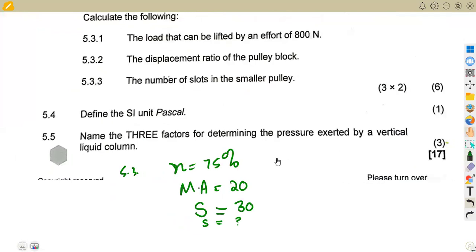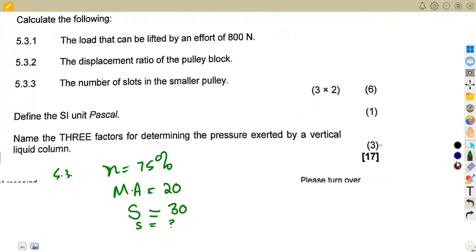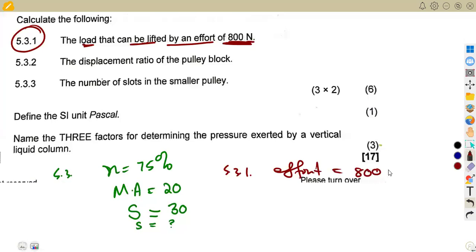So the question was, calculate, all right? That's 5.31. We're supposed to calculate 5.31: the load that can be lifted by an effort of 800 Newton. So we've got the effort in this case of 800 Newton, and we are supposed to obtain the load. From where?